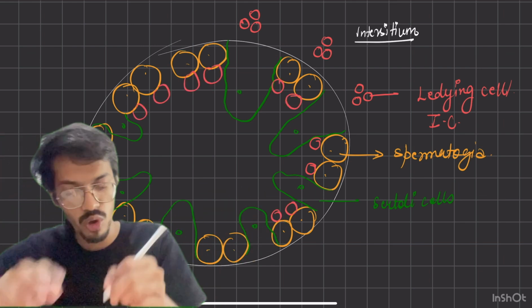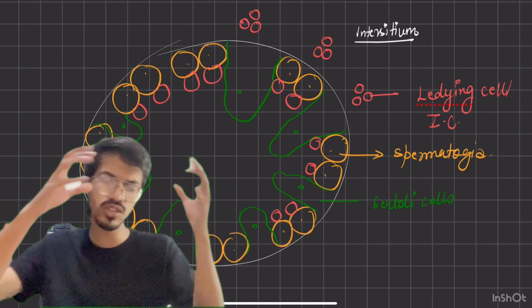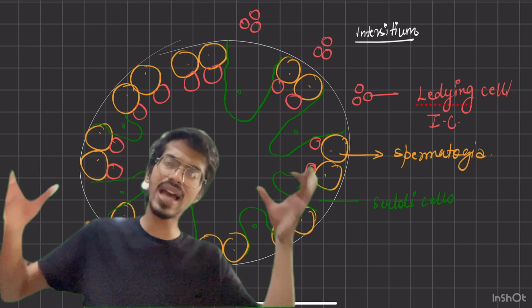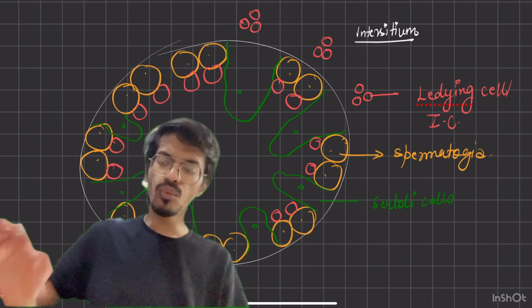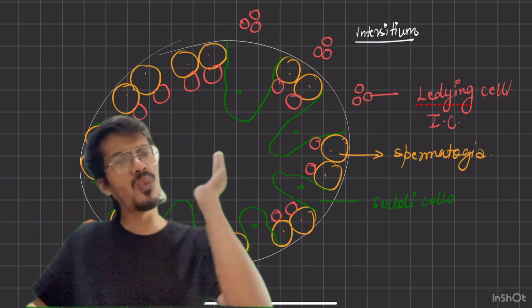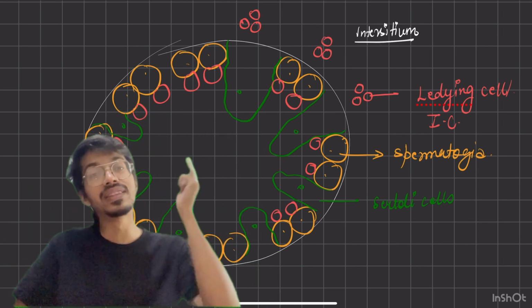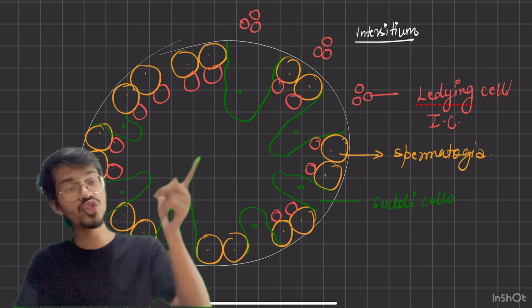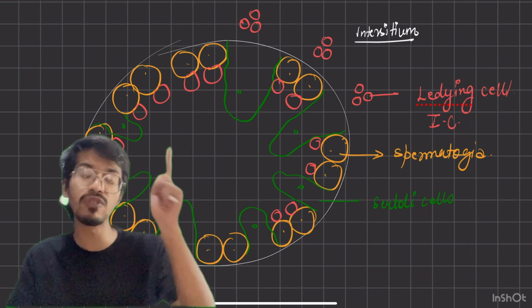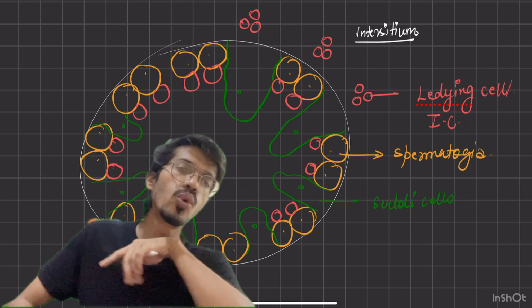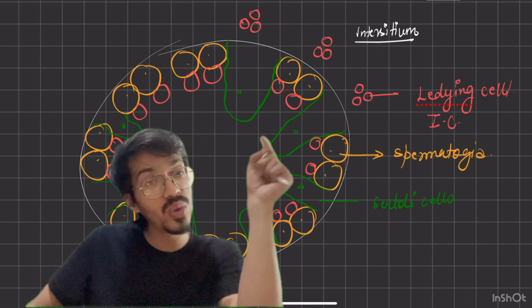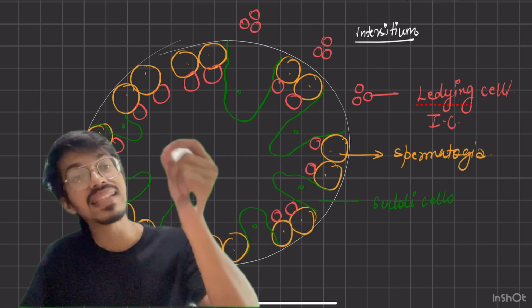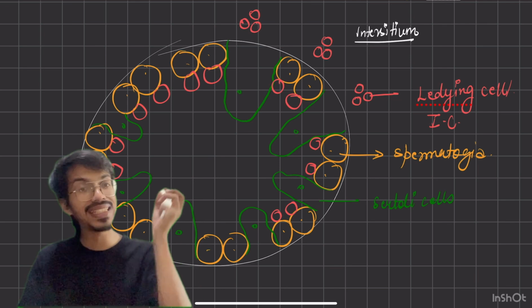They are present compactly, very close to each other. There's no spacing because tight junctions are present with the help of Sertoli cells. Why tight junctions? Because anything that wants to reach these cells, even food, will first go to the Sertoli cell and only then go here. Sertoli cells make the blood-testis barrier.